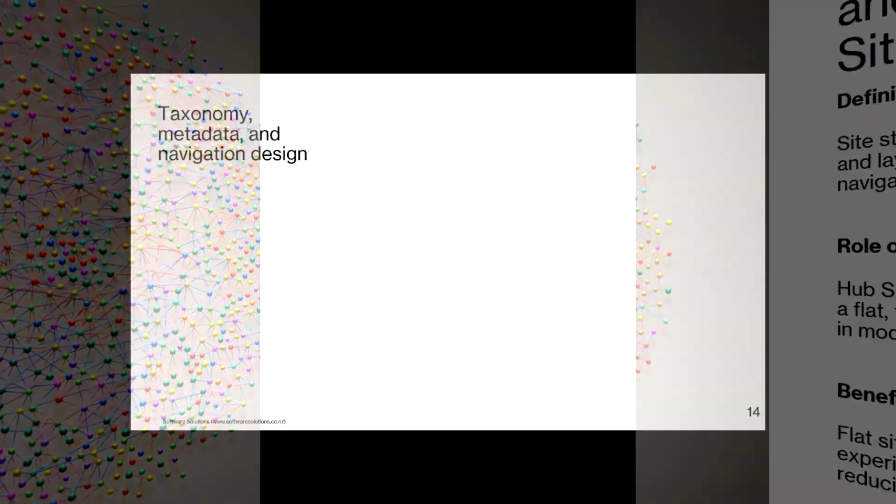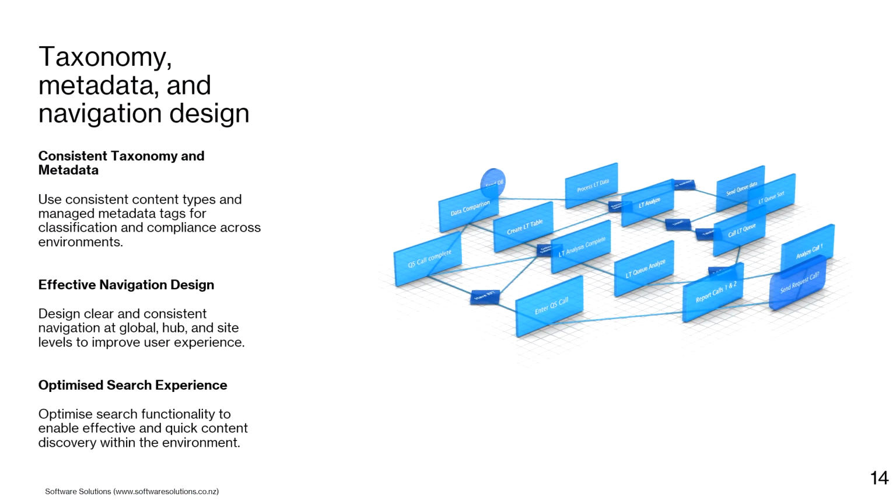Taxonomy and metadata: implementing consistent content types and managed metadata tags across the environment. This is crucial for consistent classification, effective searching, and compliance. Navigation and search: designing clear, consistent global, hub, and site-level navigation that optimizes the search experience.